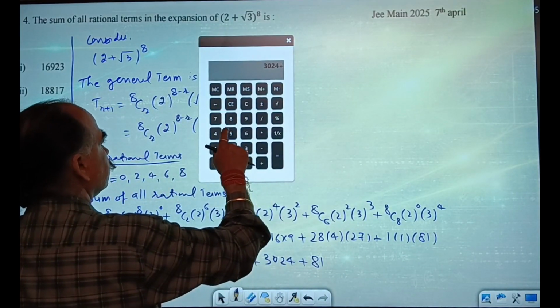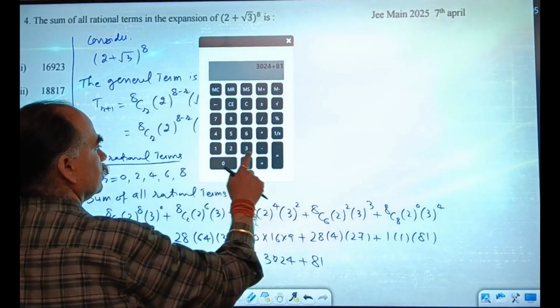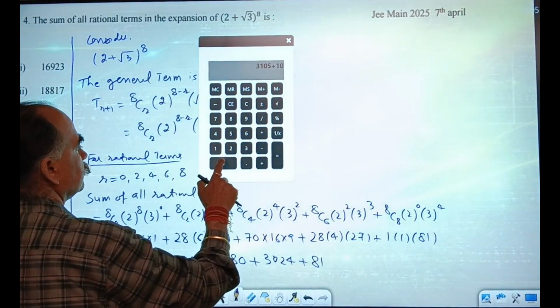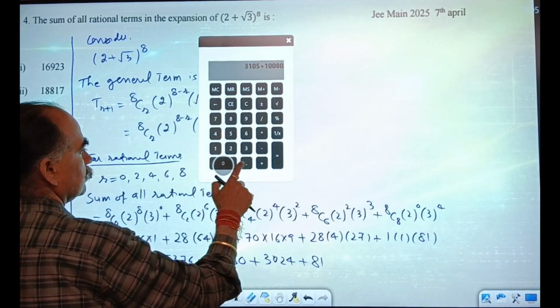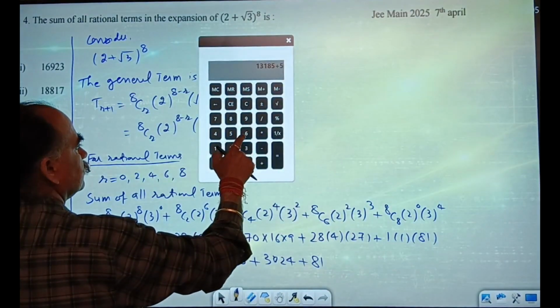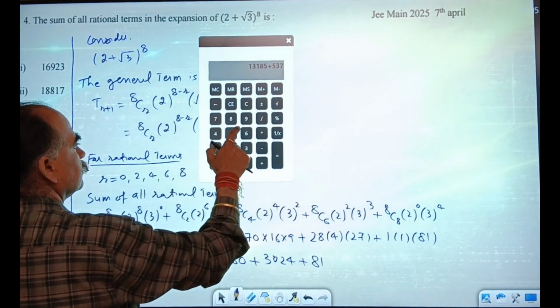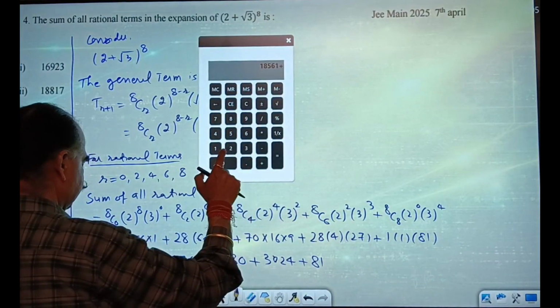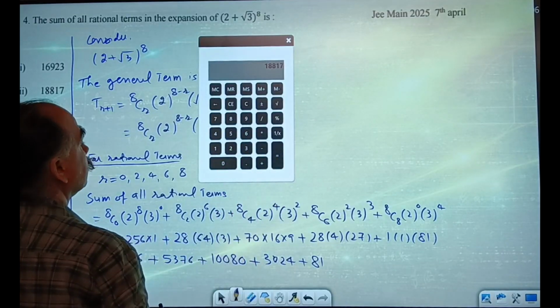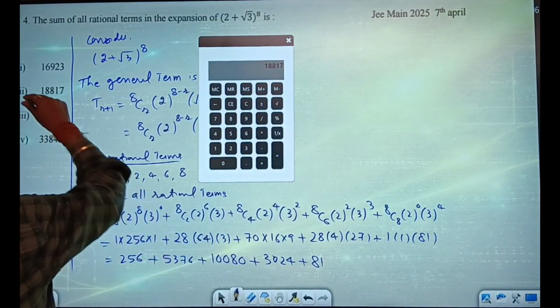So 3024 plus 81 plus 10,080 plus 5376 plus 256 gives 18817. Answer 2.